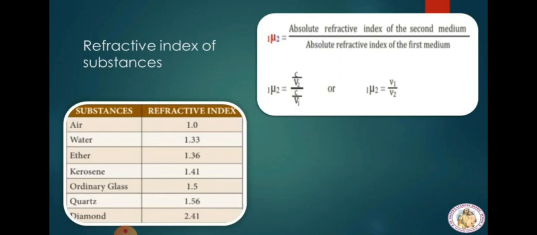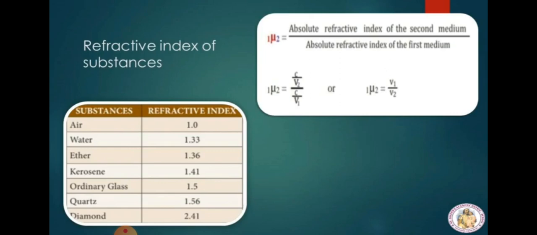So in general, the refractive index of one medium with respect to another medium is given by the ratio of their absolute refractive indices. So 1 mu 2 means the refractive index of the second medium with respect to the first medium. So mu is equal to absolute refractive index of the second medium by absolute refractive index of the first medium.